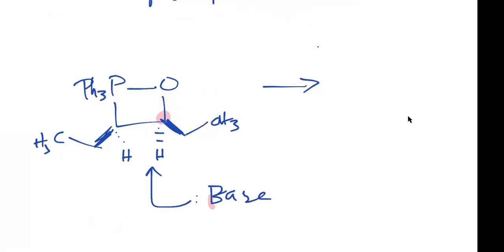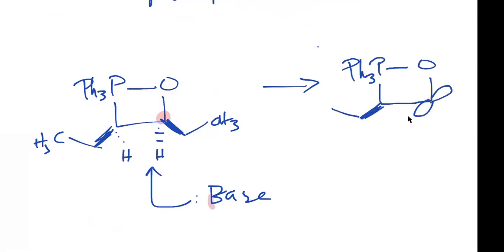And so what you end up with is this anion, where now you have a pair of electrons in this p orbital, and now the substituent attached is undefined.